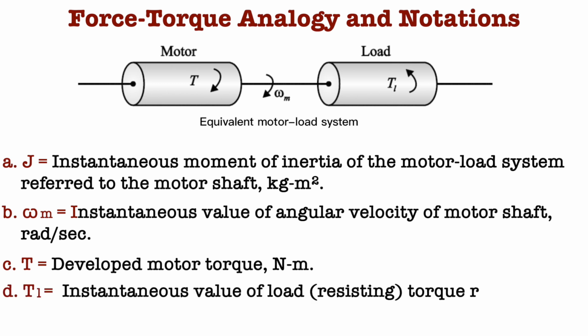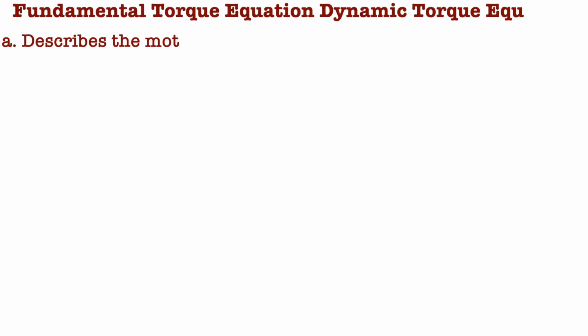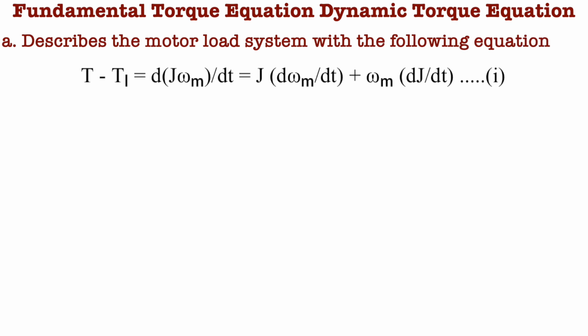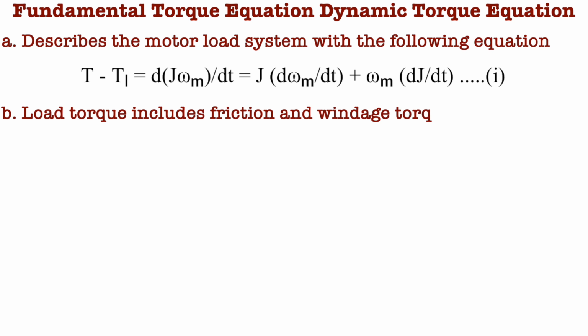Then TL is the instantaneous value of the load torque, that is, the torque resisting the motion, and it is referred to the motor shaft. The motor load system of the figure can be described by the following fundamental torque equation. Load torque includes both the friction and the windage torque of the motor.